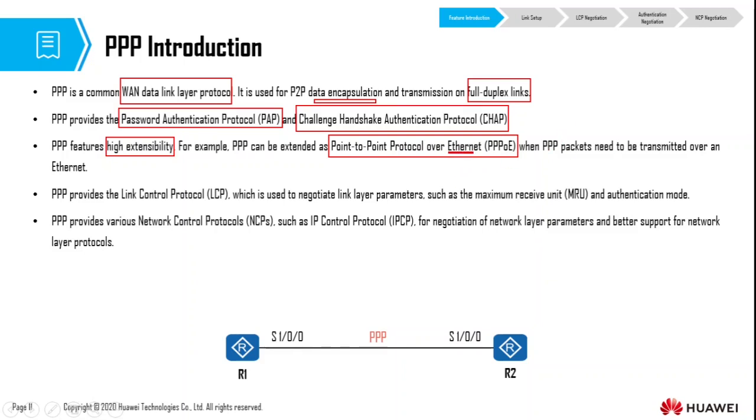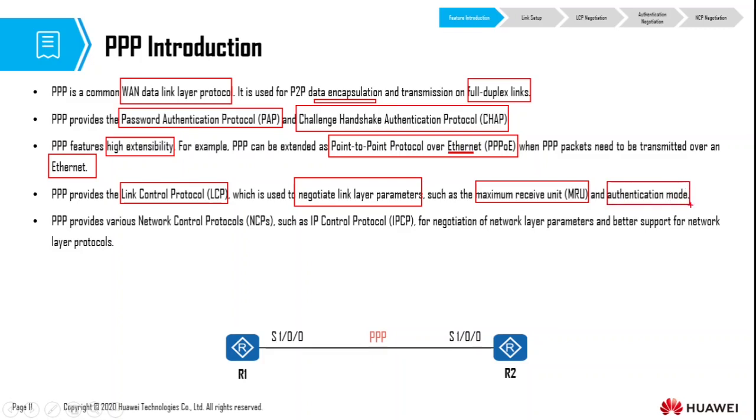So PPP packets need to be transmitted over Ethernet. PPP provides a protocol called Link Control Protocol, LCP, which is used to negotiate the link layer parameters, such as the maximum receive unit and authentication mode. We're going to see how LCP works shortly.